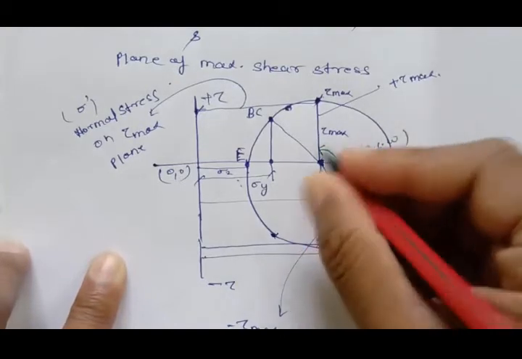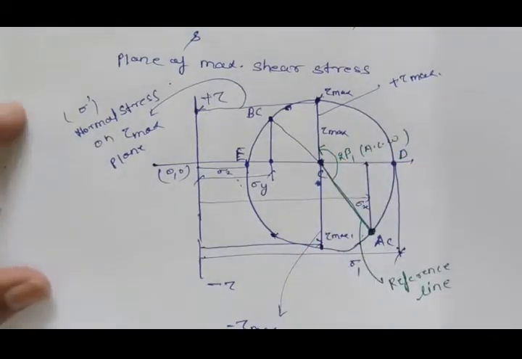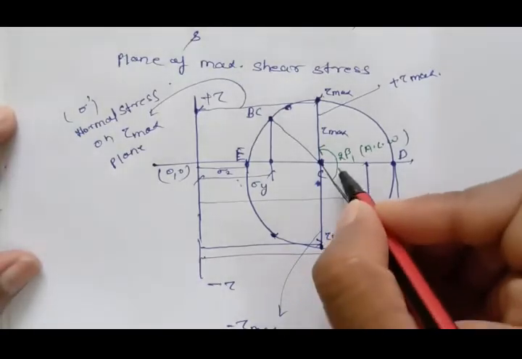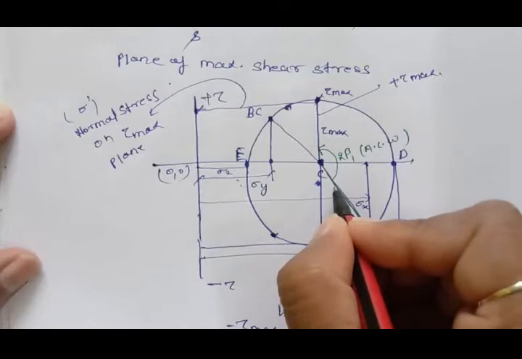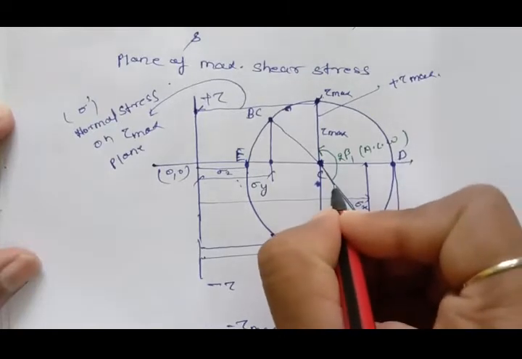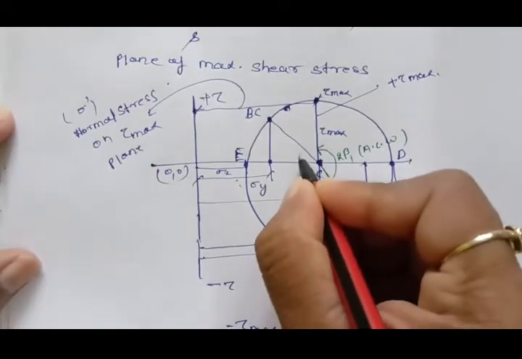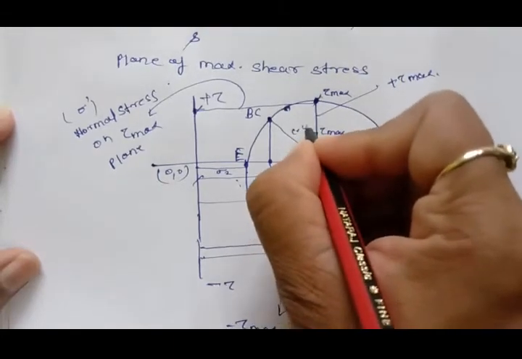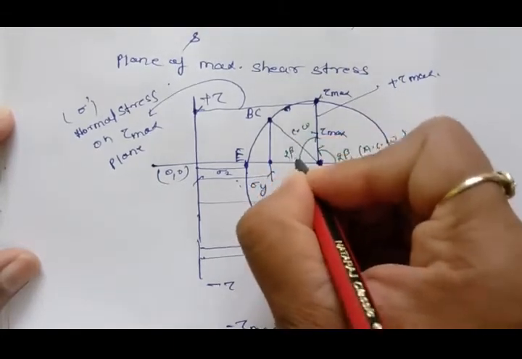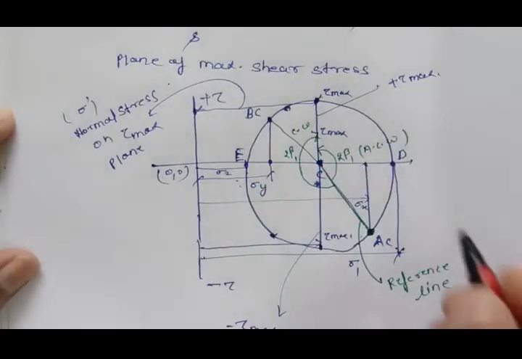So this will be the plane of maximum shear stress. The sense may be clockwise, which we can take as positive, or it may be like this also. It can go here to the tau max plane. This is clockwise to beta 1, and you can also write this.